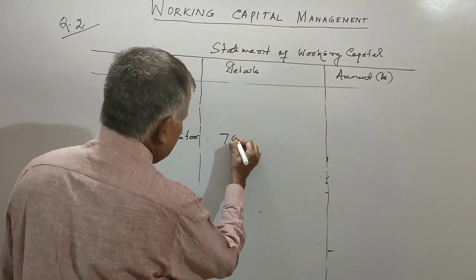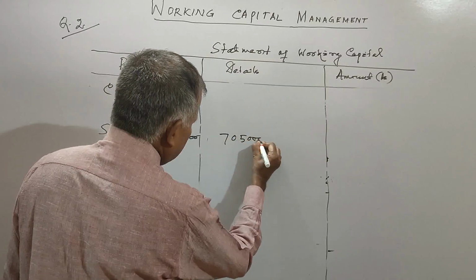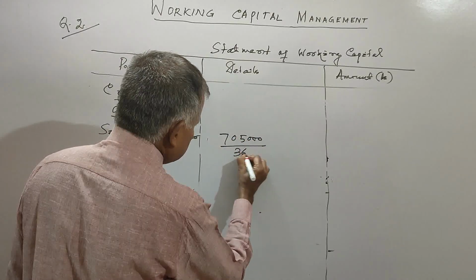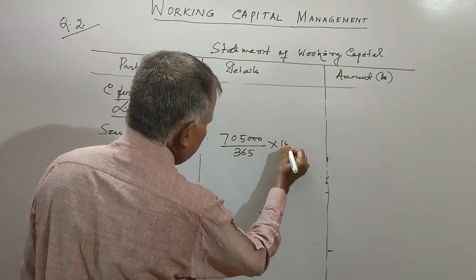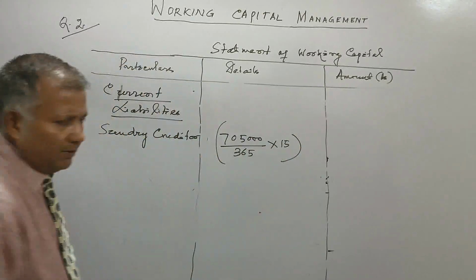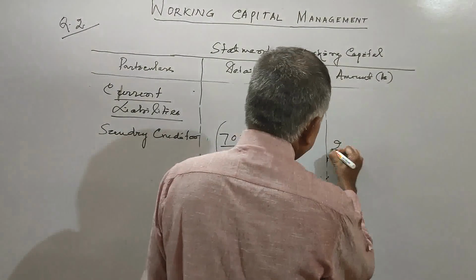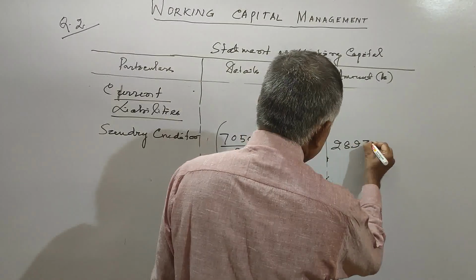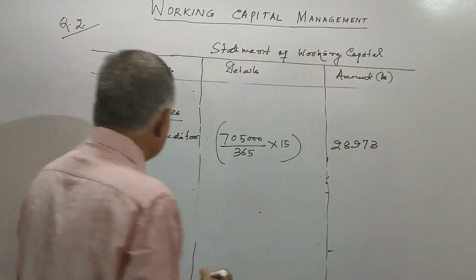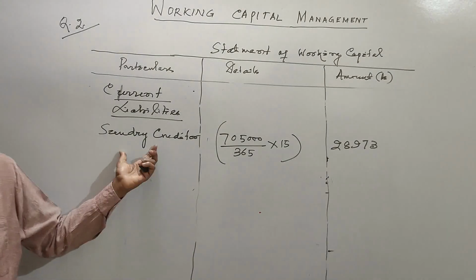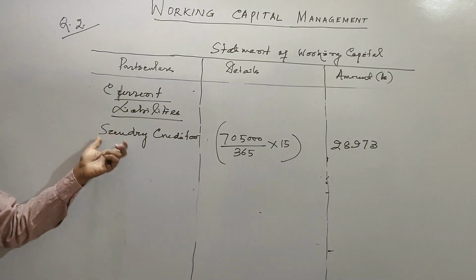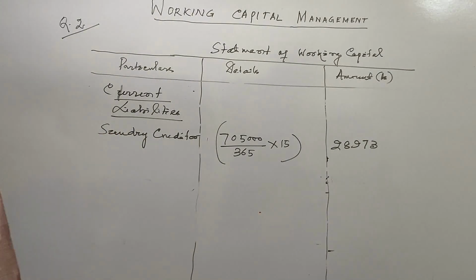So 7,05,000 divided by 365 into 15 comes to 28,973. So this is your sundry creditor, trade creditor, right?